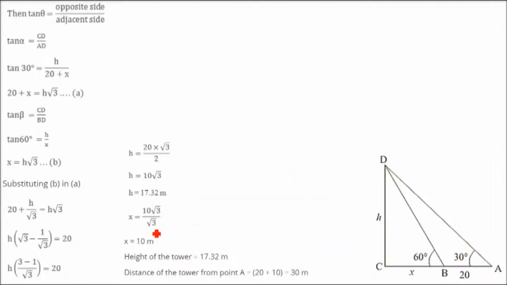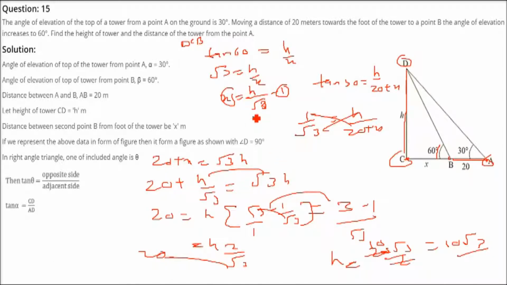Let me see. Are we missing something? It is 2 by root 3, and this is 20 plus h. h root 3 is 20 plus h. h we have written as h by root 3. So this is going to be root 3 minus 1 by root 3.